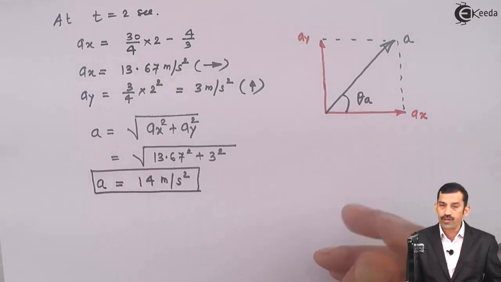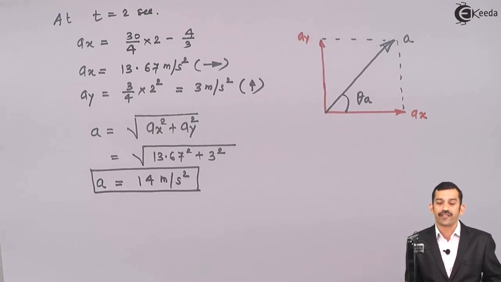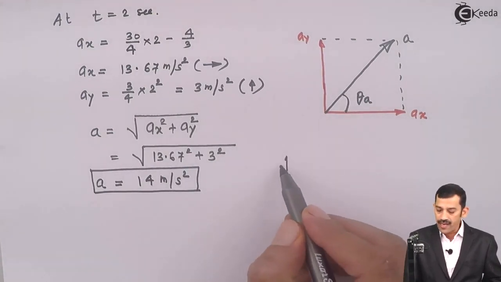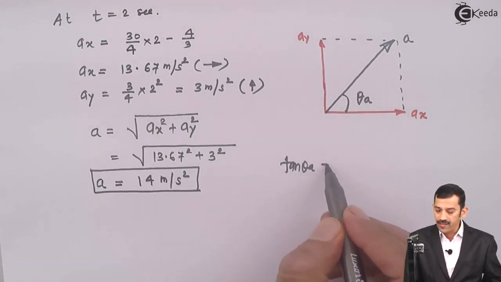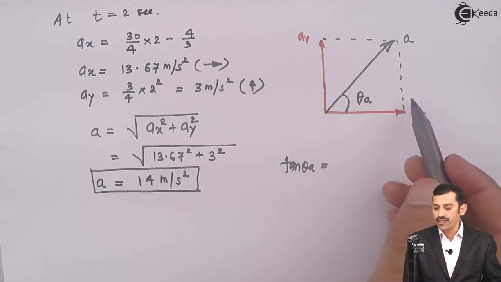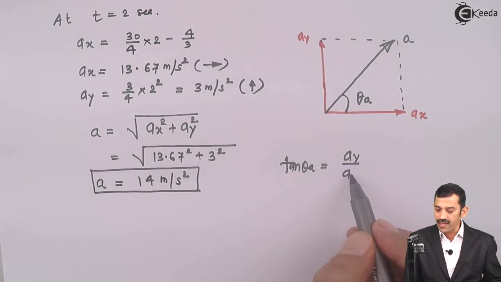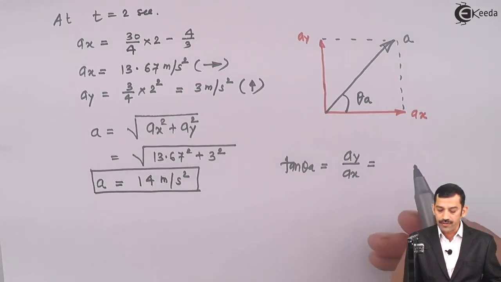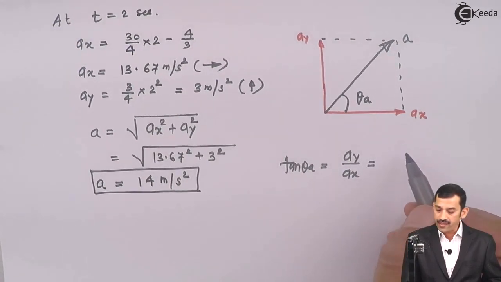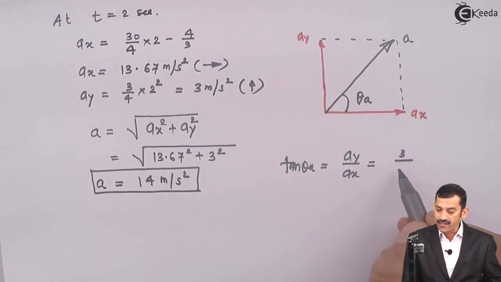Now if you want to find the inclination of resultant acceleration, tan of theta A equals, tan means opposite upon adjacent, opposite is Ay, adjacent is nothing but Ax. If you substitute your values, Ay is 3 and Ax is 13.67.